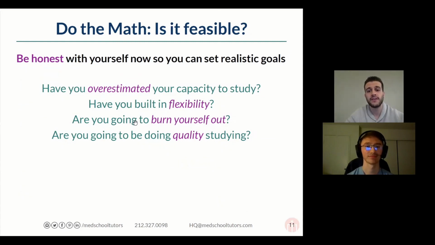If you're feeling burned out, if you feel like you just don't have the energy to do another question, if you feel like you're constantly scraping as many minutes out of your day as you can at the expense of sleeping, at the expense of taking care of life events that still happen regardless of whether you're in your study period or not, then you need to have that conversation with yourself.